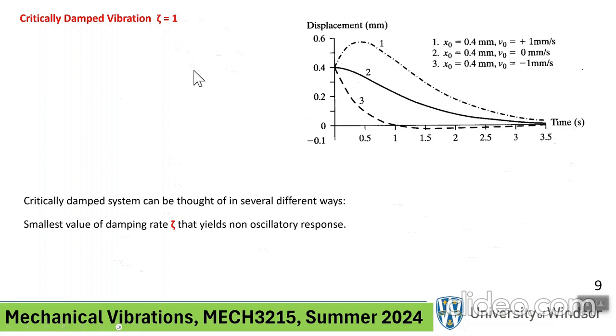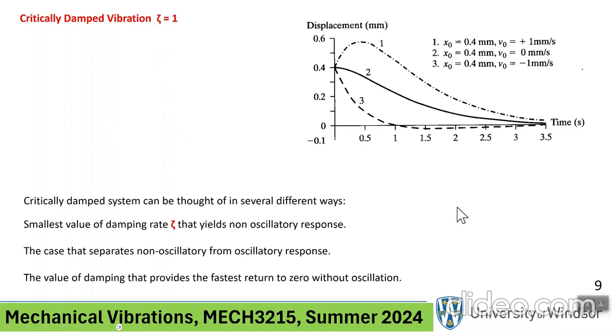So zeta equal to 1 is the smallest value of damping ratio which does this. And another way of describing it, it separates non-oscillatory from oscillatory response. Because if zeta is less than 1, it involves oscillation. If zeta is bigger than 1, there is no oscillation. So it separates the non-oscillatory from oscillatory response.